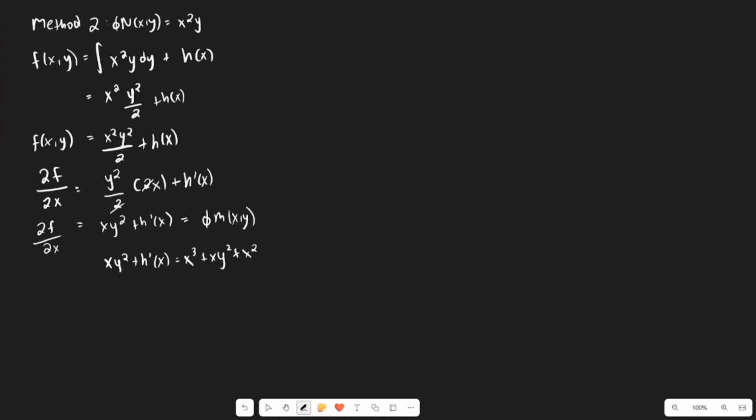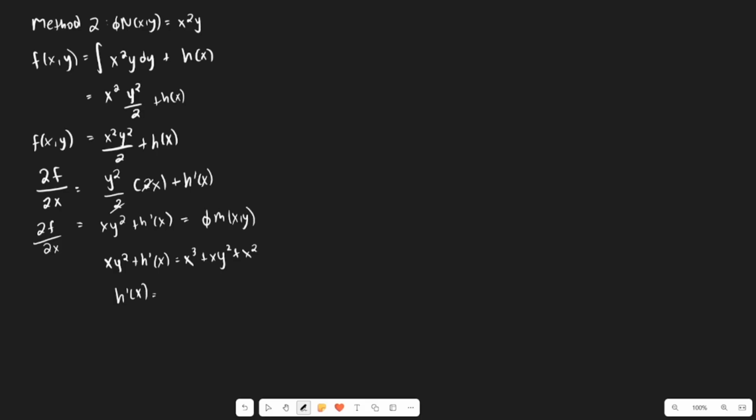So now, by inspection, let's try to see what the value of h prime of x should be for these two to be equal. For the left side and the right side to be equal, h prime of x would have to be the missing terms from the right side, since the right side is the more complete expression.